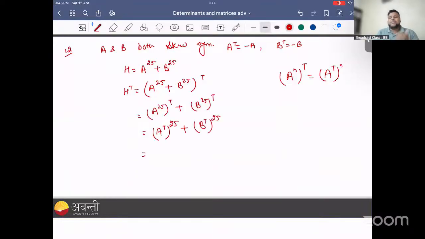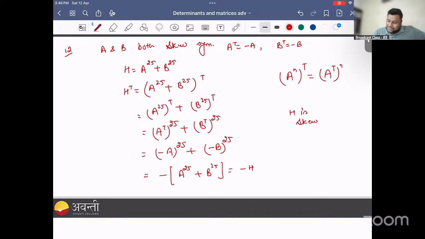A transpose is minus A and B transpose is minus B. So minus A^25 minus B^25. Taking minus common, it will be A^25 plus B^25, that is minus H. So finally this matrix also came as skew symmetric.